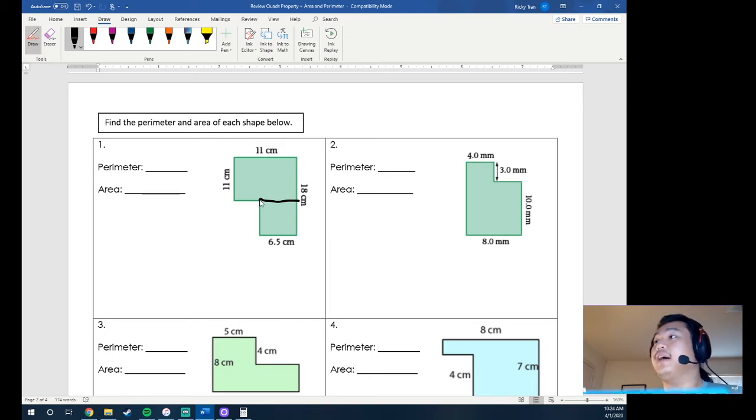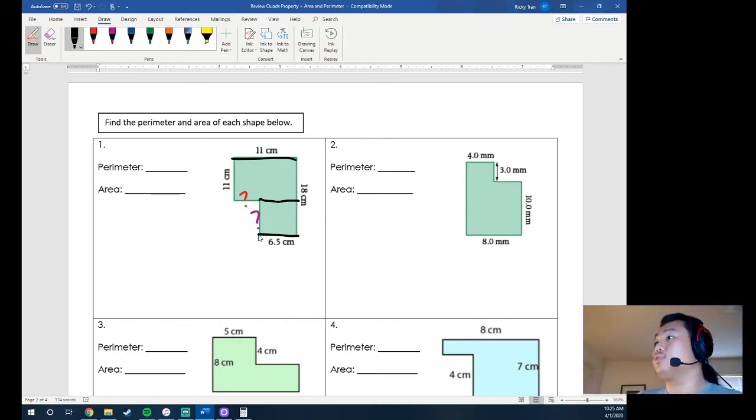Okay? Now, to find perimeter, perimeter is the sum of the outside, all the outside sides. And we need this side right here, and this side, and this side right here, okay? So, to find that, we have to take a look at the information that's given to us. We know that this length right here is actually 11, and this length right here is 6.